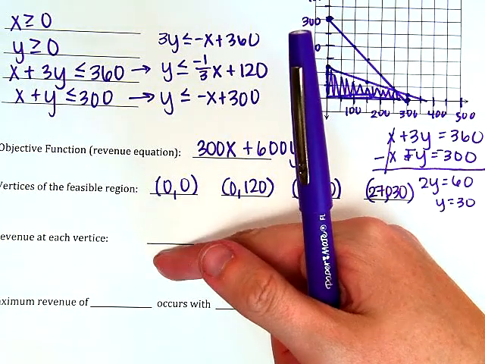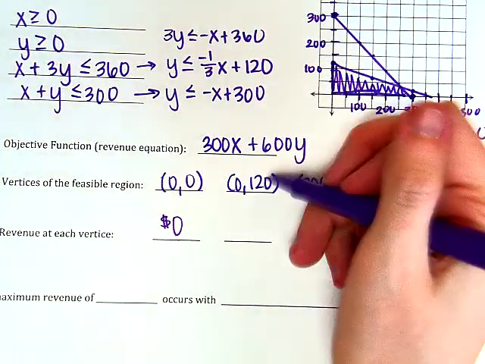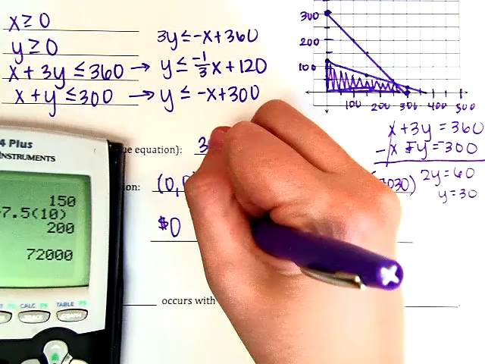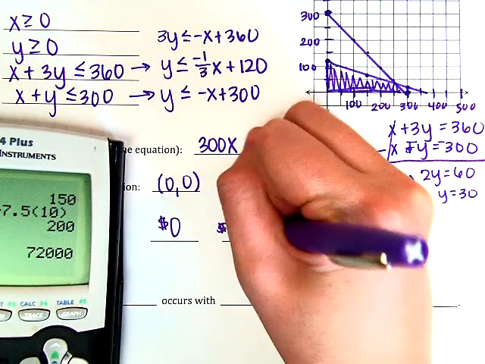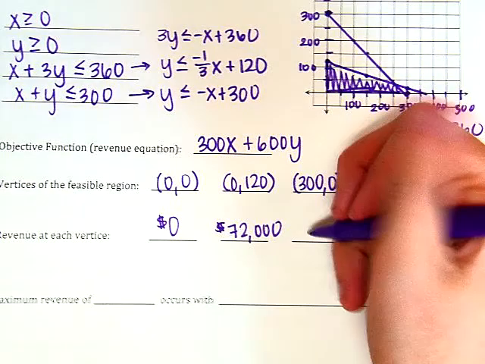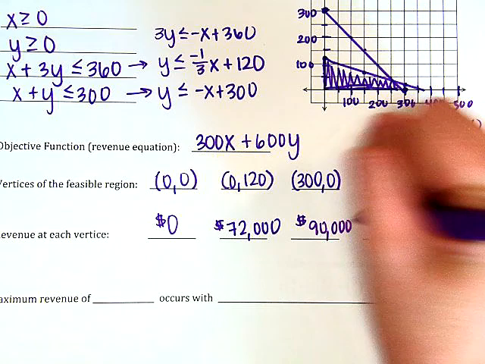And then when I find my revenue, always I'm making $0 here. If I do 600 times 120, I get $72,000. If I just make 300 of that one, I'm making $90,000.